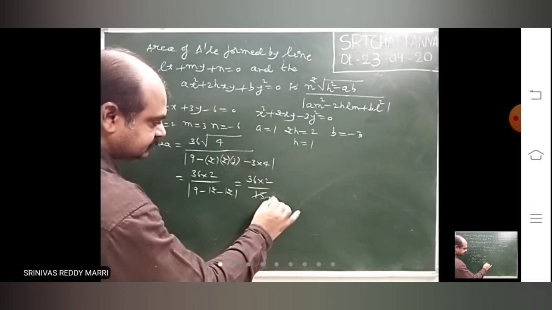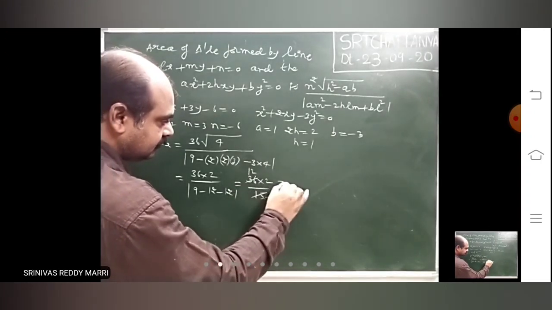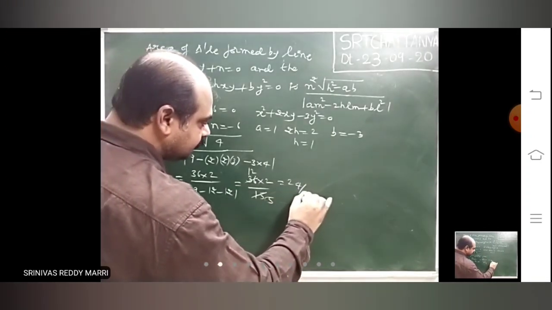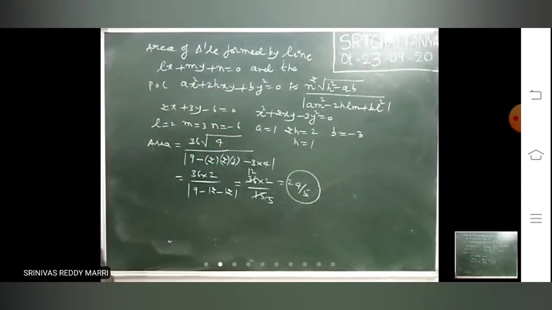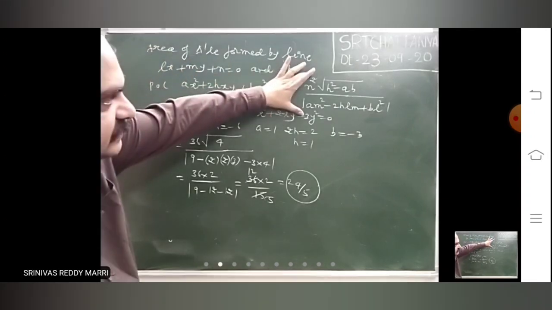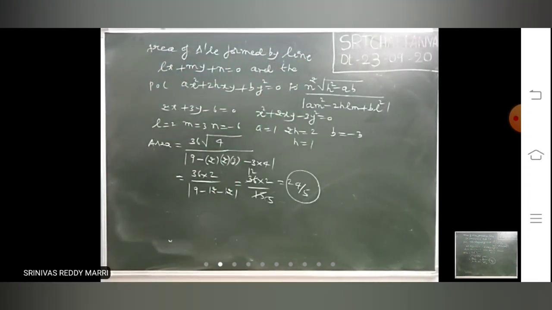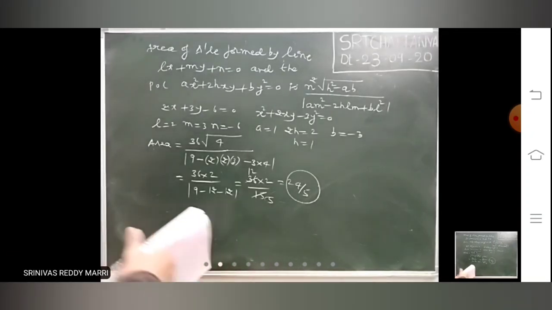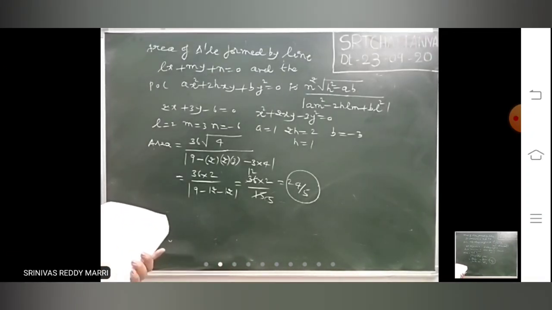Right? 3 fives, 3 twelves. So you will get the same answer, 24 divided by 5. Like that, make use of this. When one line is there and a pair of lines is there, make use of this formula.